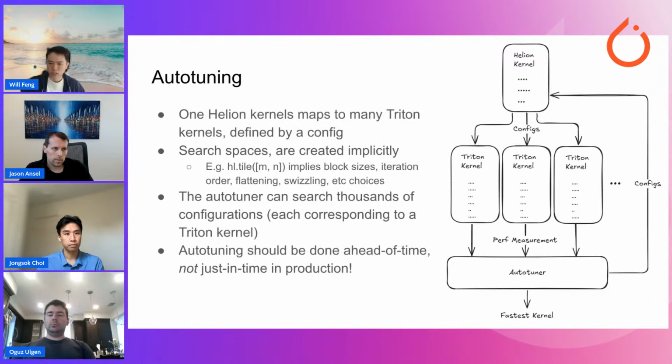Usually auto-tuning should be done ahead of time, not just in time in production, because in production, for example in inference, the latency budget is very tight. People should instead run auto-tuning ahead of time to get the best config, and then hardcode that config in the production setting.